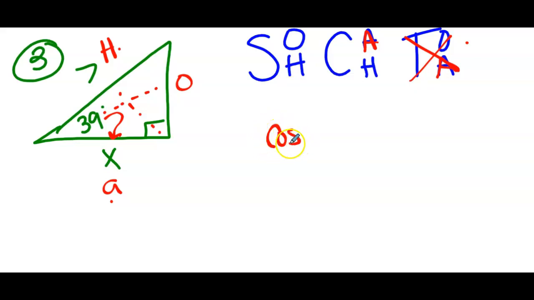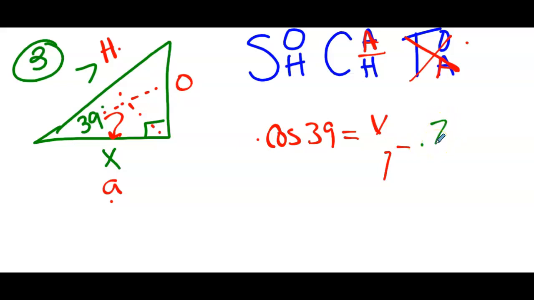So cosine of 39 is equal to, what's on top? My adjacent. What is my adjacent? It's my x. And then, my x, and that's over 7. So how do I solve that? Multiply both sides by 7. I'll do that in a different color.